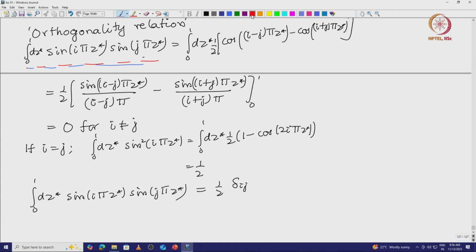This delta i j is called the Kronecker delta, to distinguish it from the Dirac delta function that we had used earlier. So, this is equal to 1 by 2 for i equal to j and equal to 0 for i not equal to j.